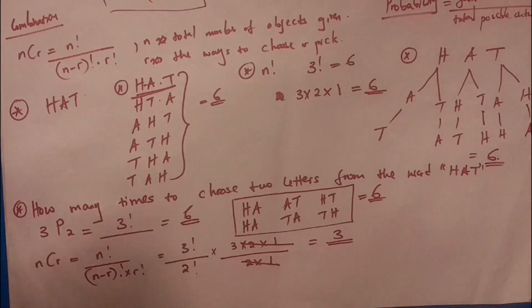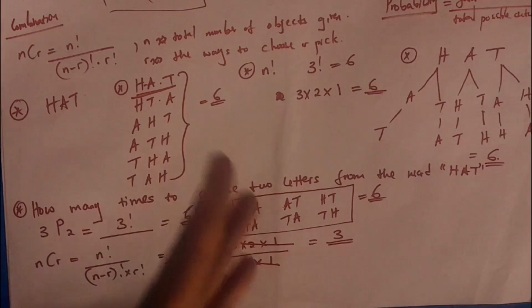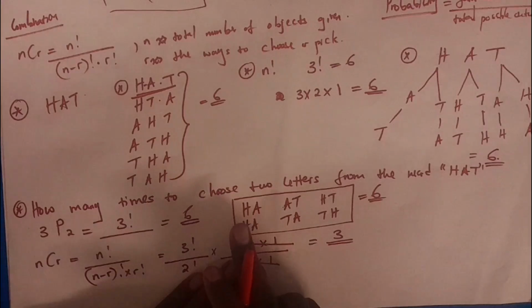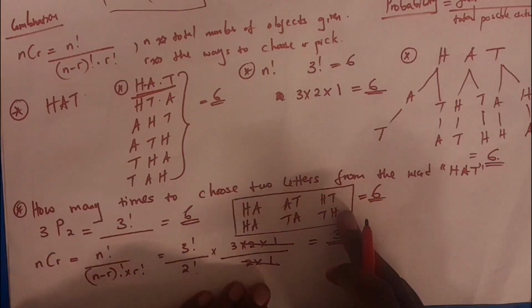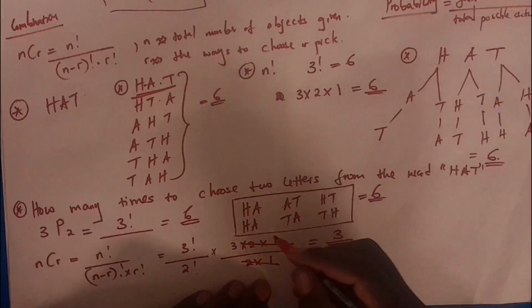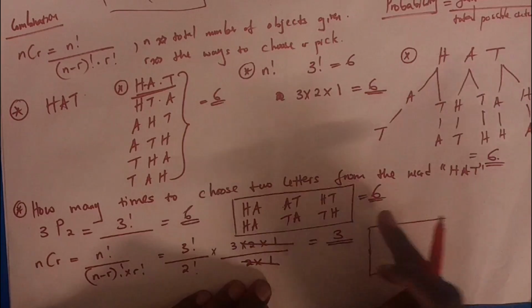Now we need to give clarity on combinations and permutations. On permutations the order matters, but on combinations the order doesn't matter. For example, that's why you see that our answer is different here.